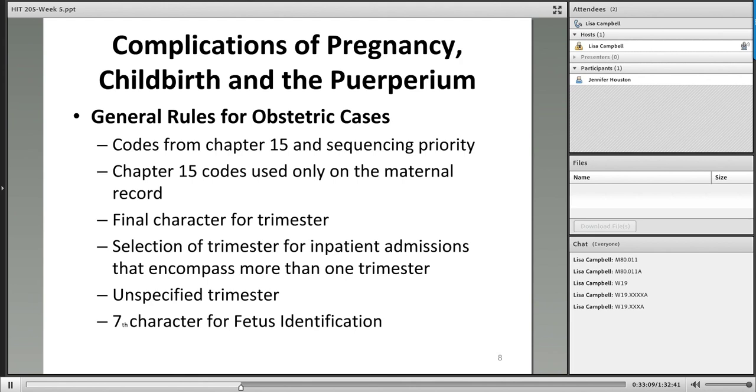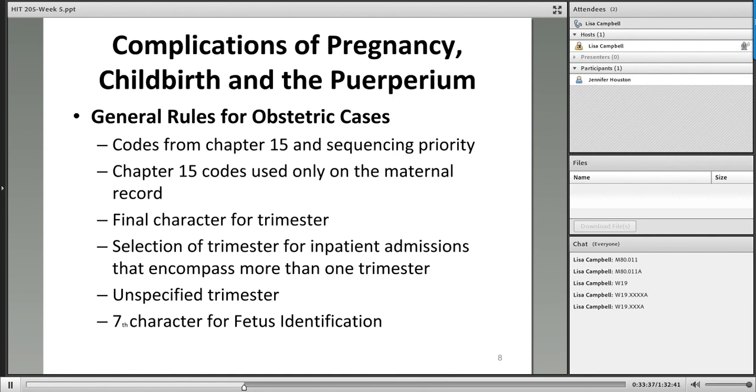In instances when a patient is admitted to a hospital for complications of pregnancy during one trimester and remains in the hospital in a subsequent trimester, the trimester character for the antepartum complication code should be assigned on the basis of the trimester when the complication developed, not the trimester of the discharge.